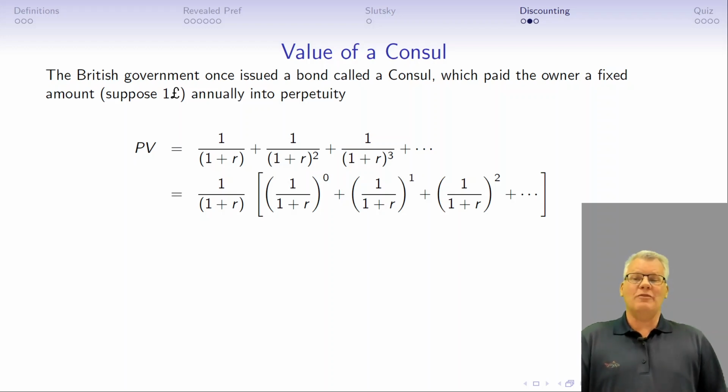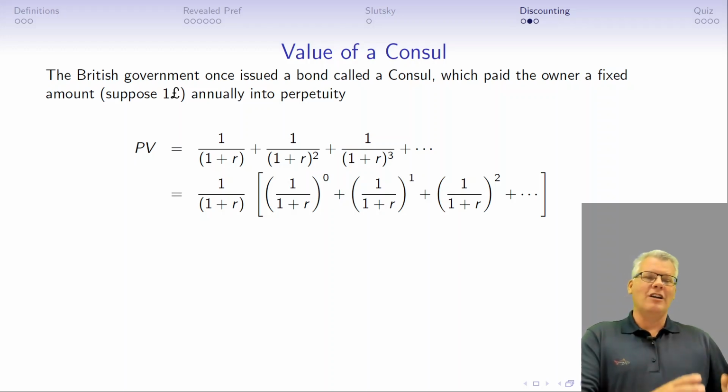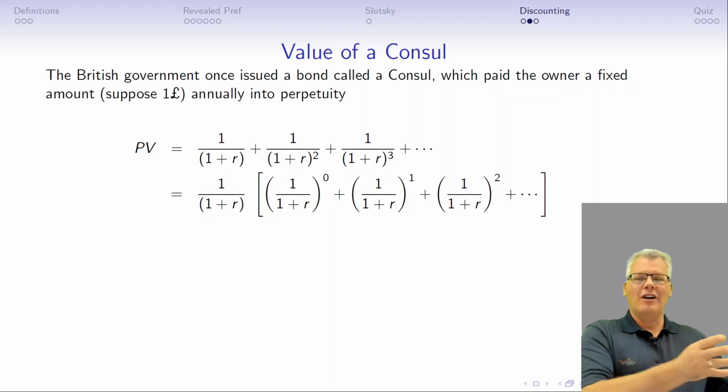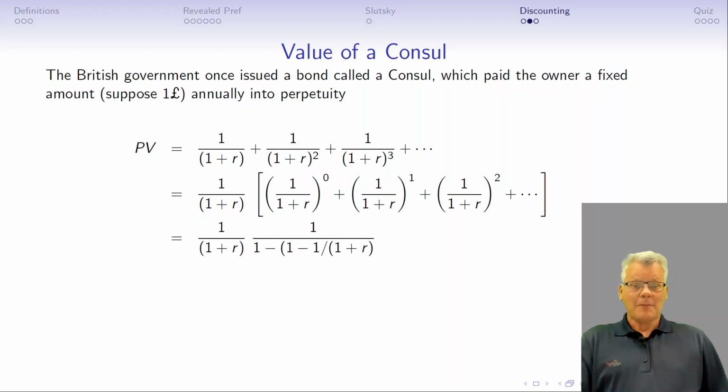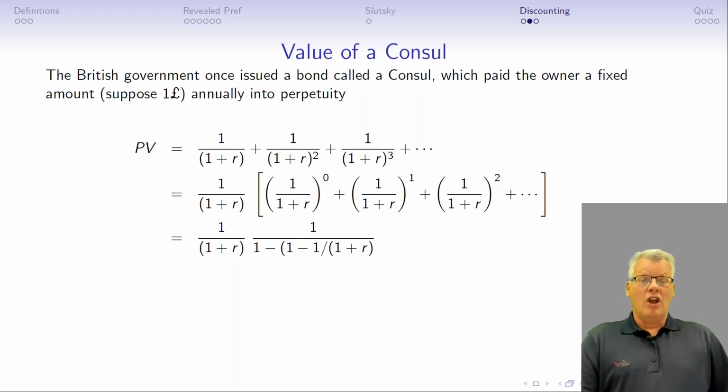So the infinite geometric series starts with 1, which is the base to the 0th power, plus the base to the first power, plus the base to the second power, and so on and so forth. The sum of an infinite geometric series is equal to 1 divided by 1 minus the base. And the base of this geometric series, remember, was 1 over 1 plus r.